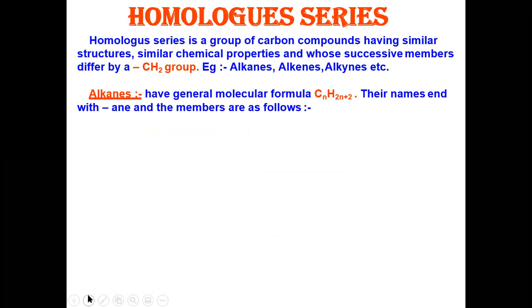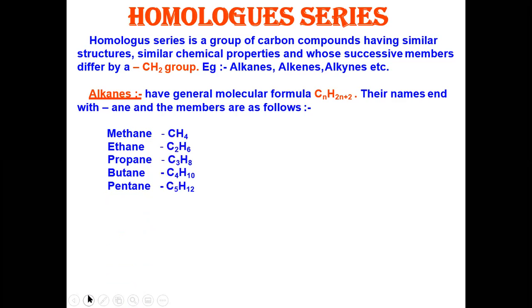Their names end with ANE and the members are methane, ethane, propane, butane, pentane. These are the molecular formulas: methane CH4, ethane C2H6, propane C3H8, butane C4H10, and pentane C5H12.